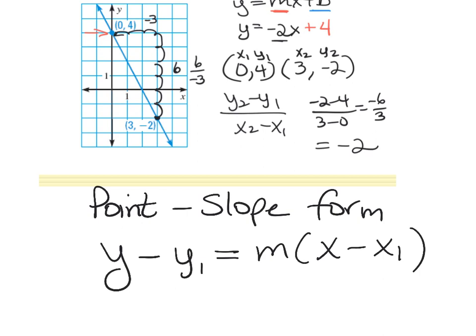So when we use the point slope form, we're going to be filling in the y1, the x1, and the slope. We'll be filling in those three pieces to write an equation in point slope. And I'm going to do that on the next slide. I'm also going to do it using slope-intercept to show you different options.